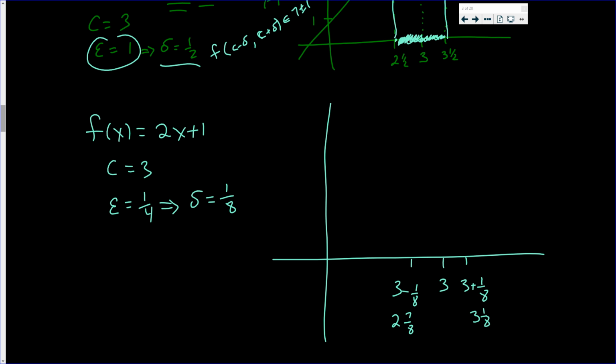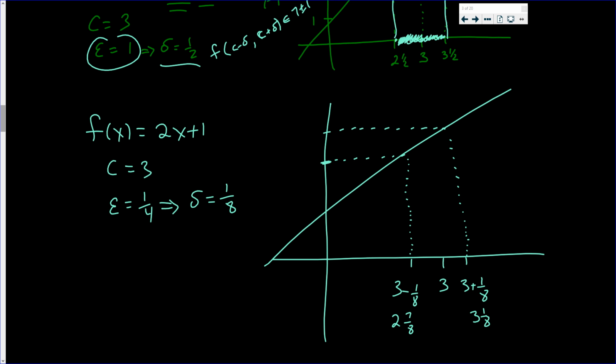And we have our line. f of 2 7/8 is here, and f of 3 1/8 is here. Since the function is getting bigger and bigger, it is true that f of everything in here, including the endpoints, will end up in here. But what are those values?